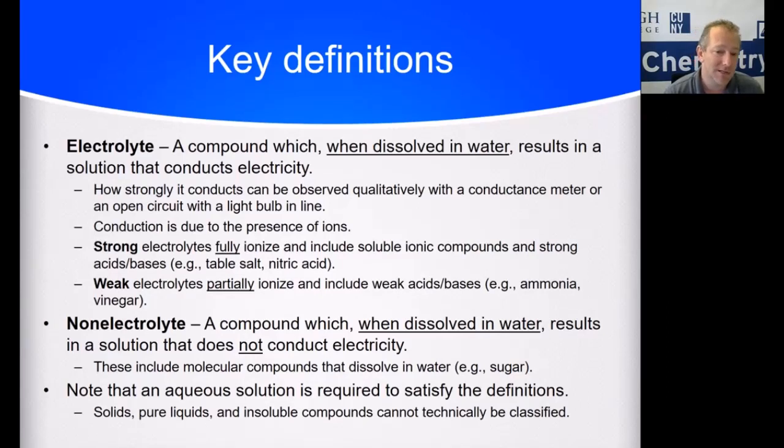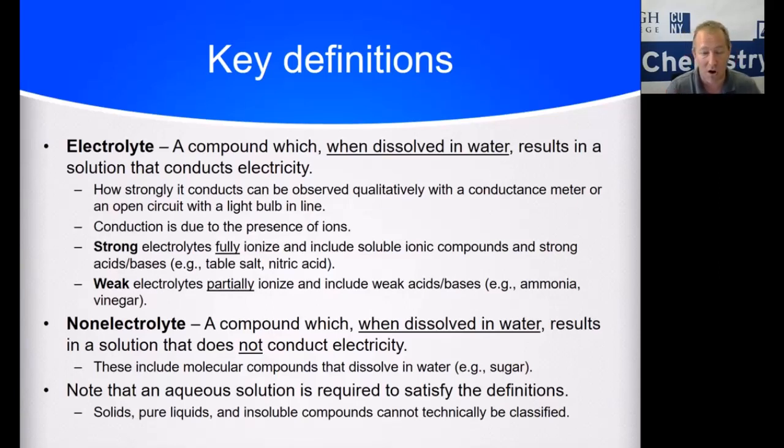It conducts electricity because of the presence of mobile ions. You'll test a solid ionic compound and you'll see that it's not going to conduct electricity, because the spaces between the little particles of, say, table salt are vastly too large for an electron to hop through.